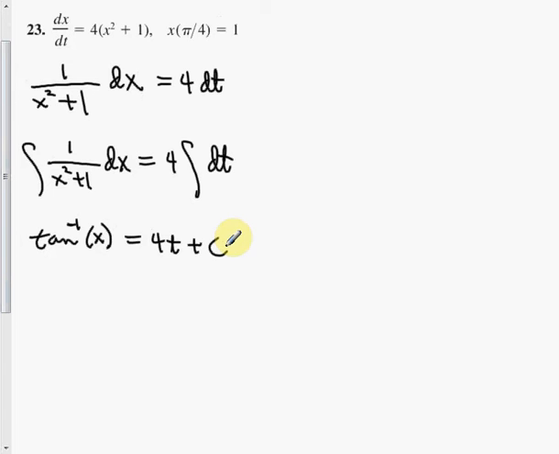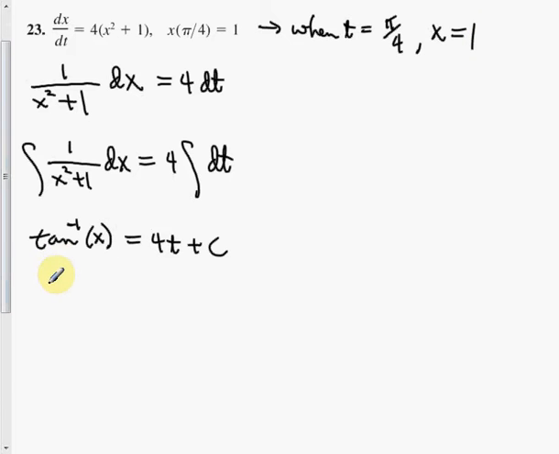So for the initial condition, it says that when t is equal to pi over 4, x is equal to 1.